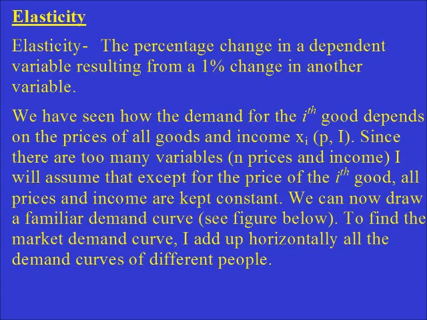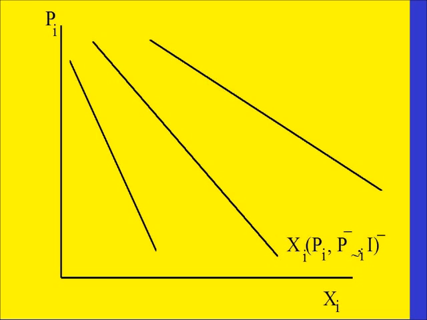To find the market demand curve, I add up horizontally all the market demand curves of different people, and I'm going to get, like I said, the market demand curve. Here's the next slide that I told you about. We can think of these first two downward sloping demand curves as the demand curves of individual consumers.